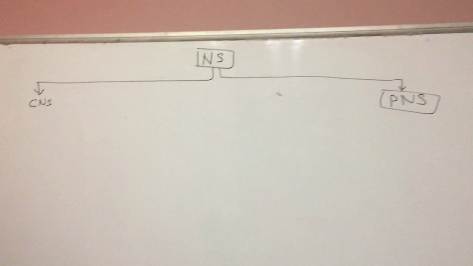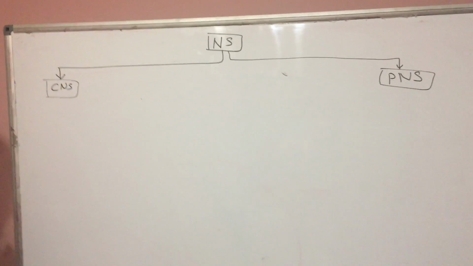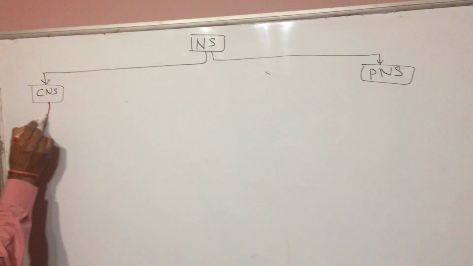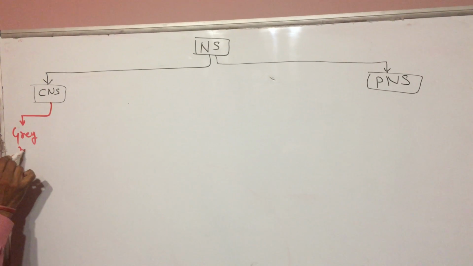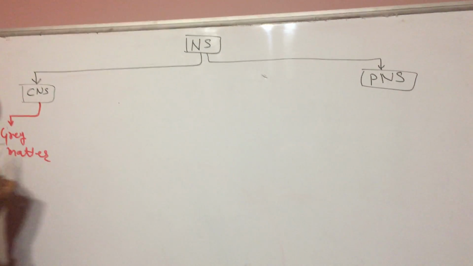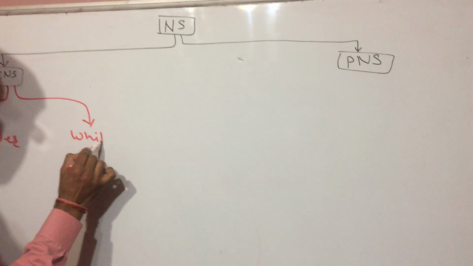The CNS is made of two types of matter. One is gray matter and the other is white matter.